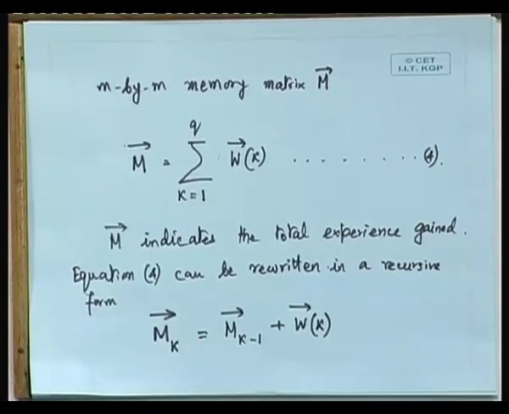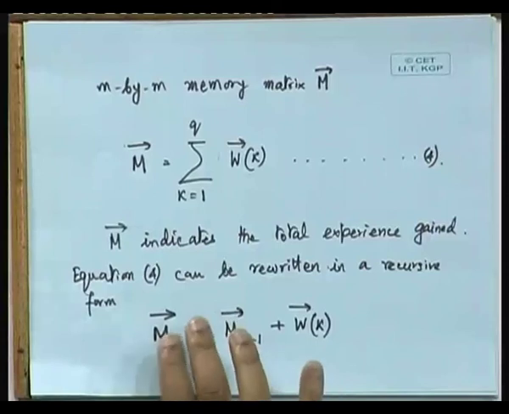Can we guarantee the exact retrieval aspect? That's what I was trying to talk about, and we will be coming to that. So let us see this particular equation that we have written in a recursive form. Let us remember that, yes, I just now remembered what I was trying to say over here.